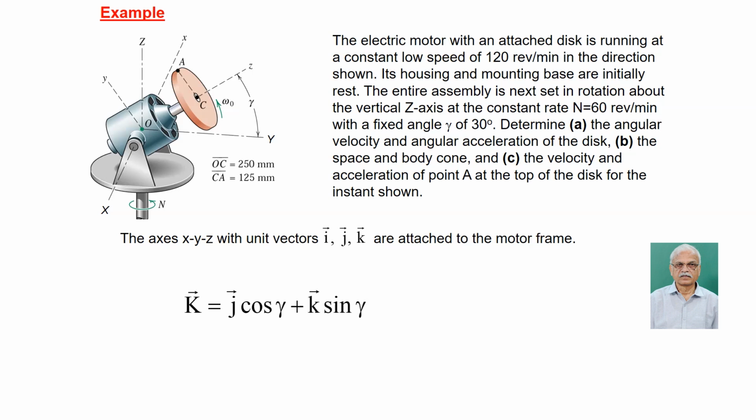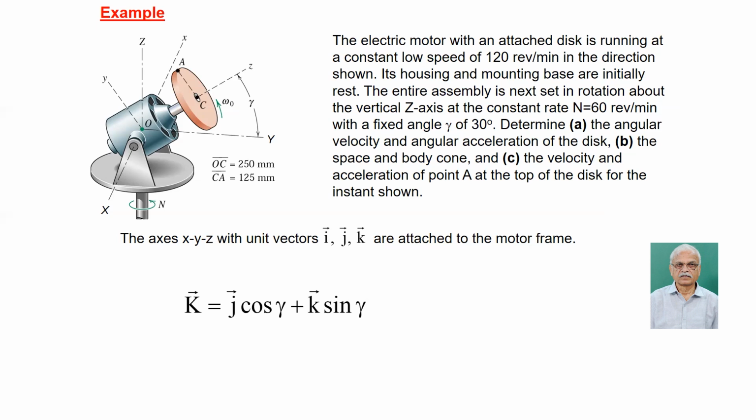Here, let me tell you, you should be comfortable dealing with several kinds of sets of axes. Some we use as big XYZ; we call it a fixed system. Then there is another, small XYZ, which per convenience may be attached to the body.